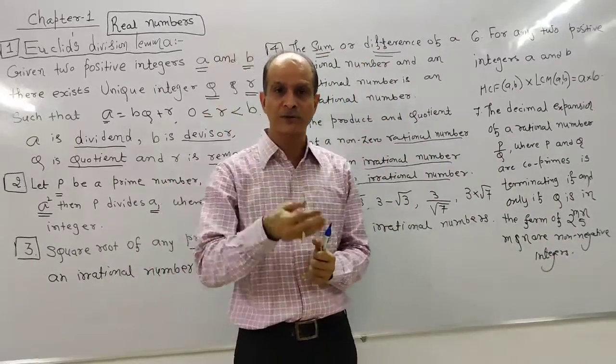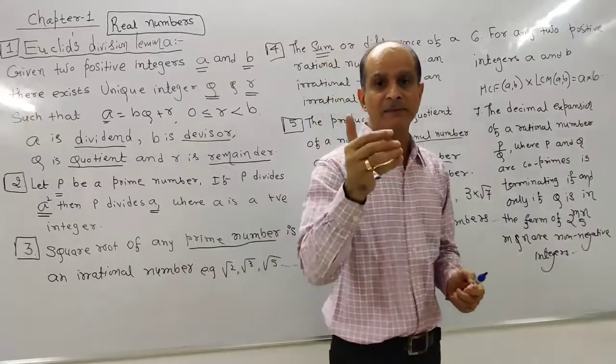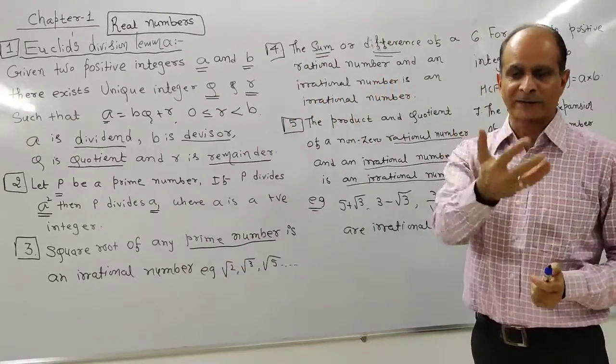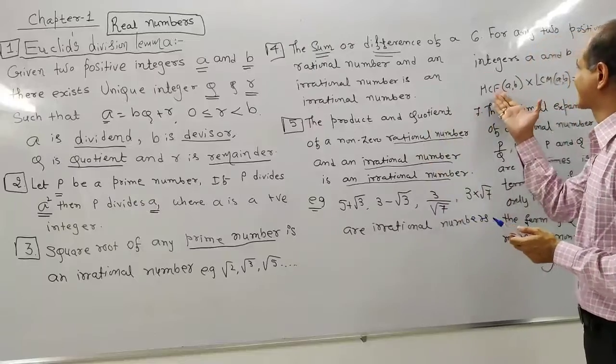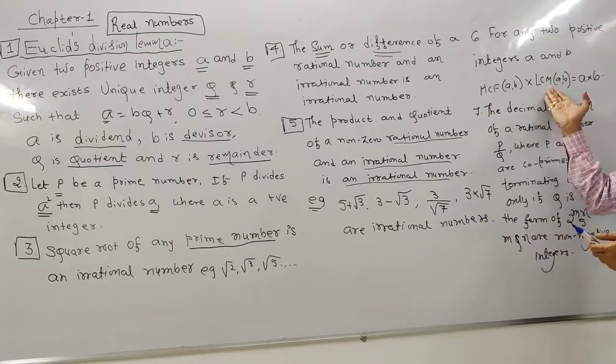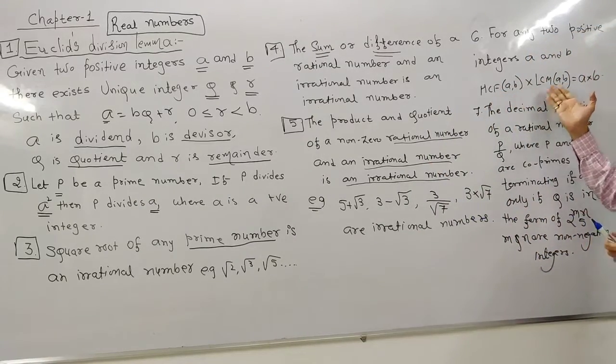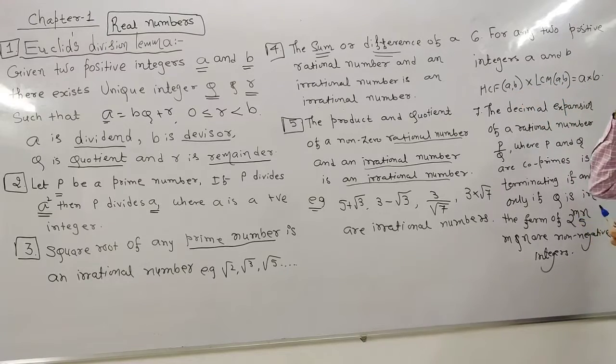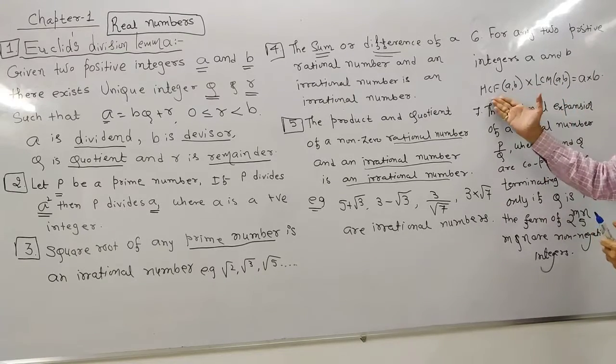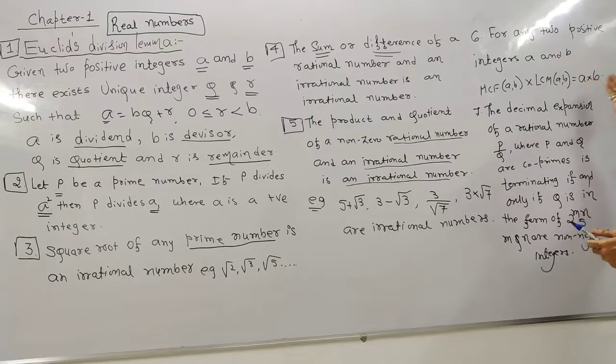So two positive numbers a and b are given to you. You factorize them, find out HCF, find out LCM, multiply HCF and LCM, multiply a and b, you can easily verify that HCF into LCM is equal to a into b.